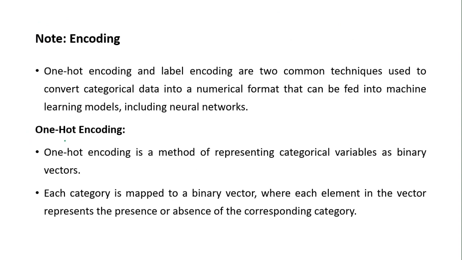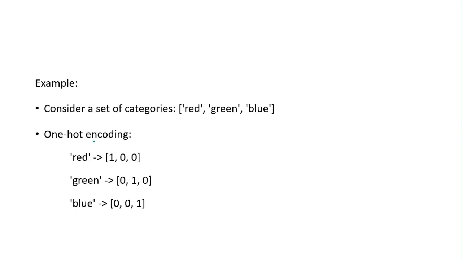Now, one more important point I want to discuss is encoding. With this, I will be winding up the session for today. We will have the hands-on in the next session. Now, encoding. While we discussed the last implementation, I mentioned one-hot encoding and label encoding.